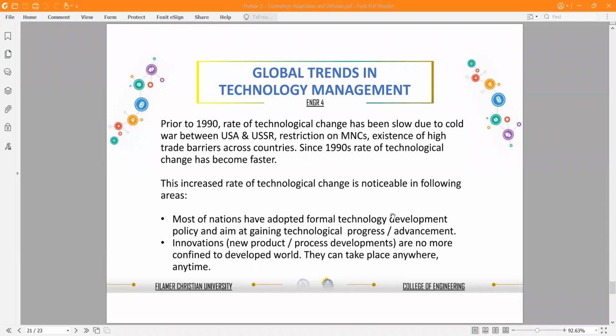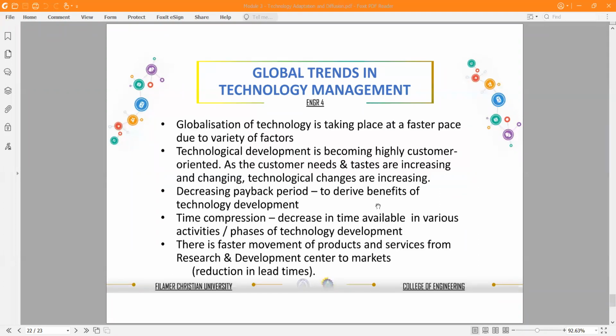And innovations. Let's say new products or process developments are no longer confined to the developed world, meaning they can take place anywhere, anytime. Anything else?